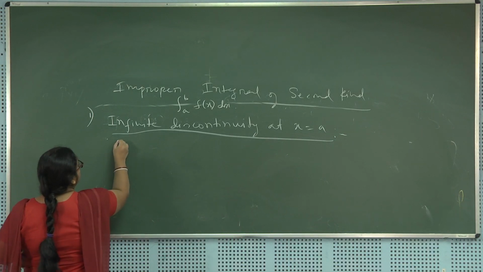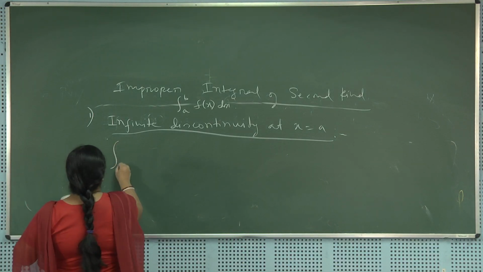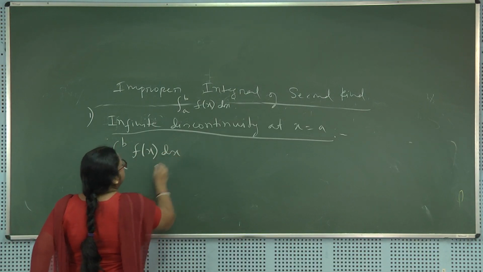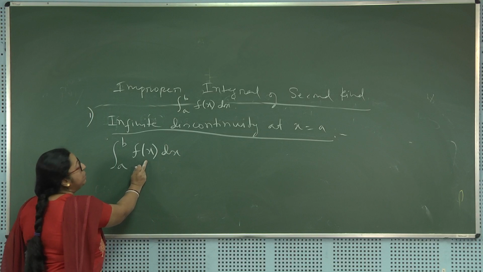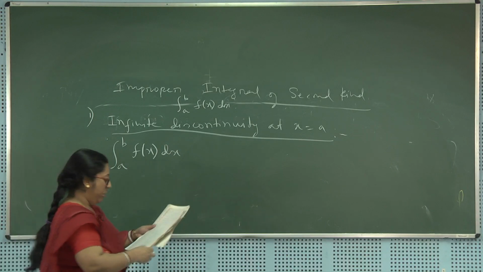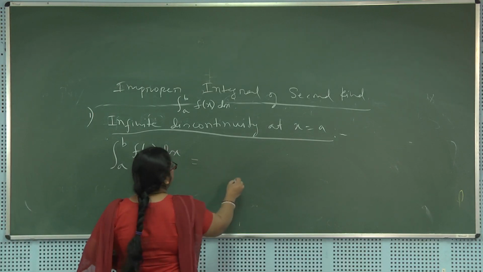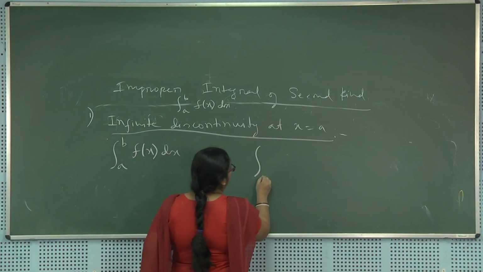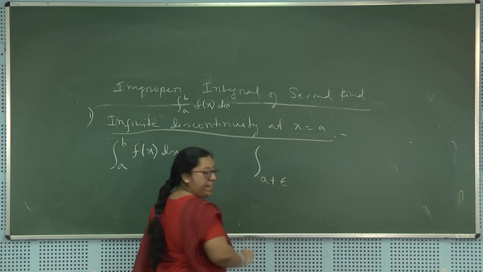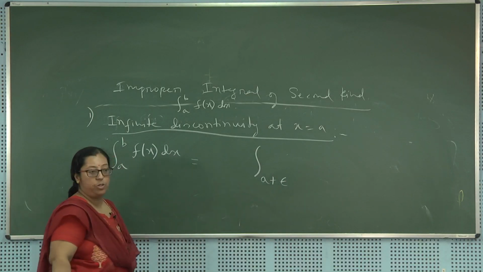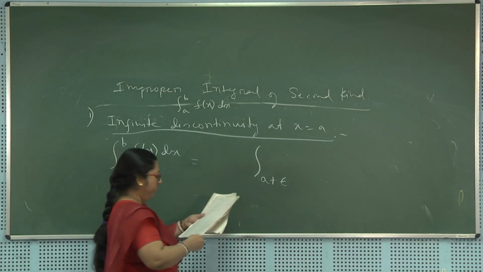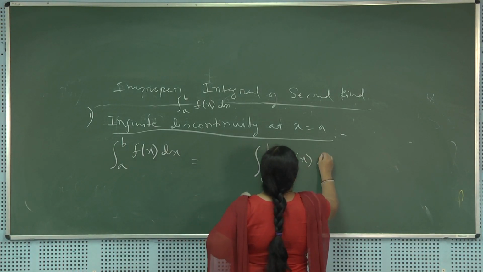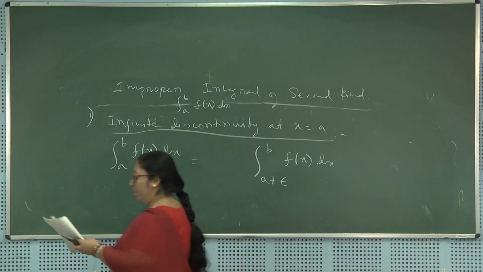If I put x equal to a here, the function becomes unbounded or discontinuous. So, I will try to make it continuous. The way we will do it is, if it is in the lower limit, we add plus epsilon. Again, it is a matter of convention, someone can say minus also, but we will follow plus. Generally, if it is in the lower limit, we add plus epsilon.